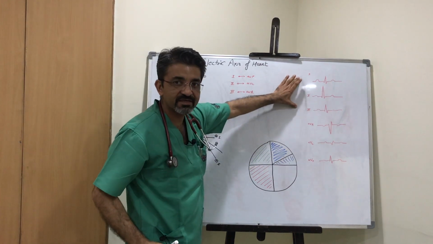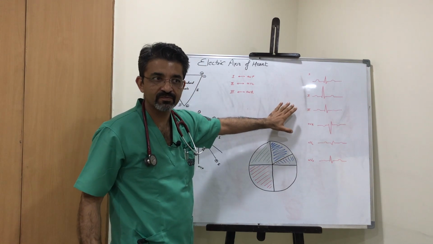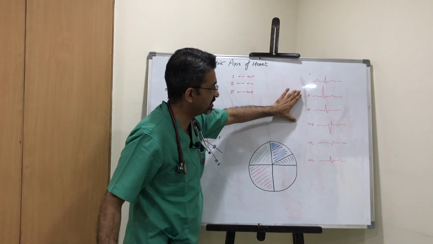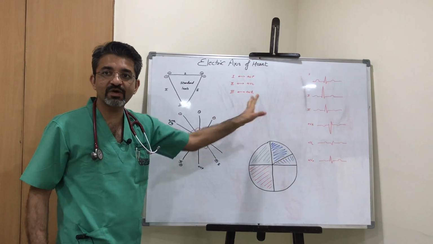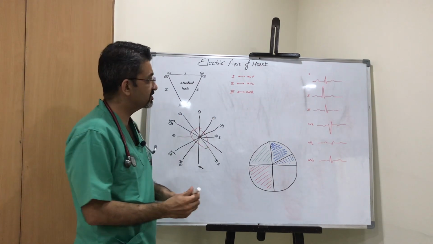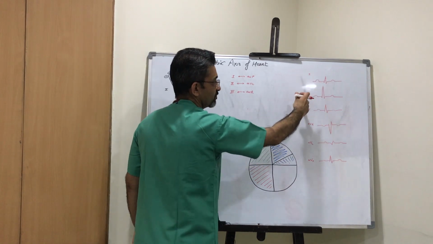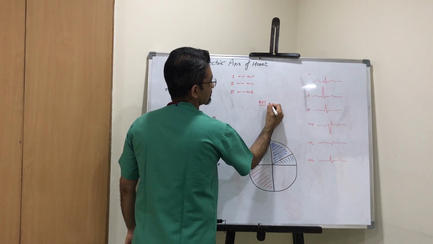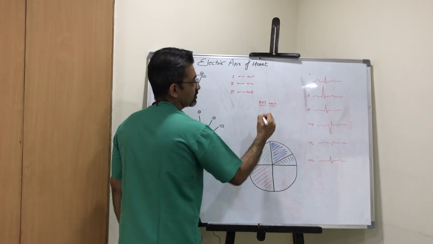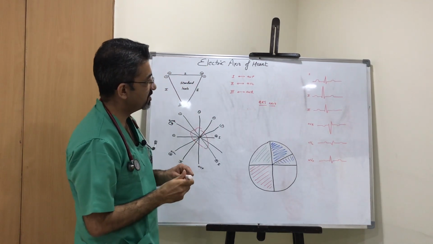This is a hypothetical ECG I have drawn. We'll just try to find in this diagram where my QRS axis is. So I'll apply the same principle.